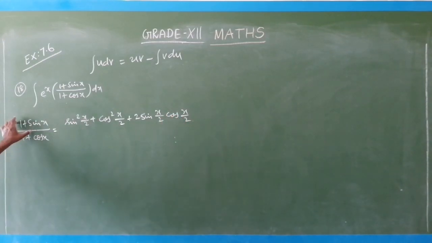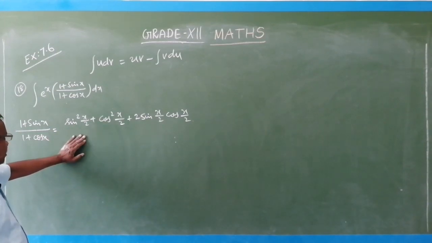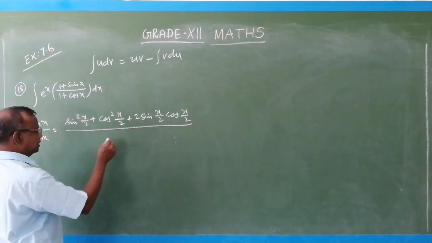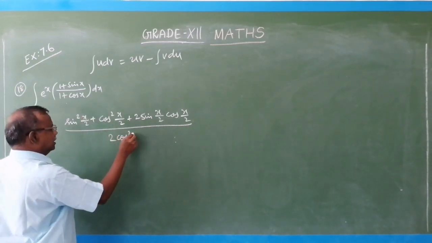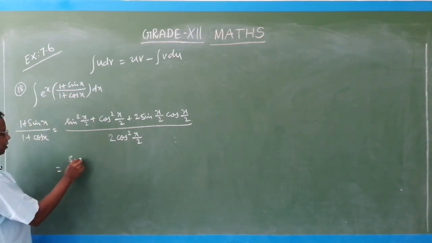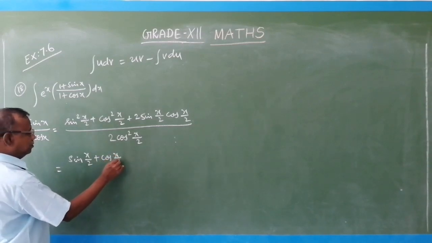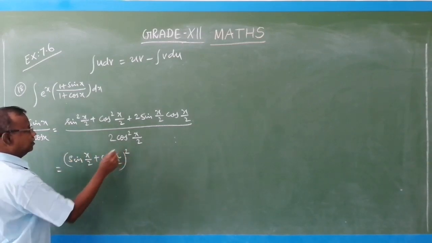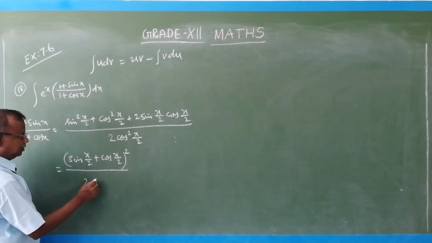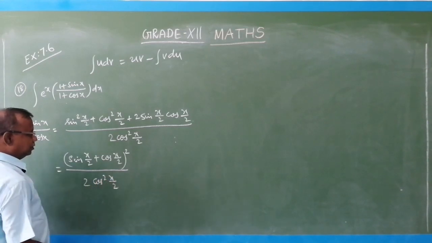So, 1 plus sin x can be written as sin square x by 2 plus cos square x by 2 plus 2 sin x by 2 cos x by 2. In the denominator it is 1 plus cos x equal to 2 cos square x by 2 and the numerator is sin x by 2 plus cos x by 2 the whole square divided by 2 into cos square x by 2.